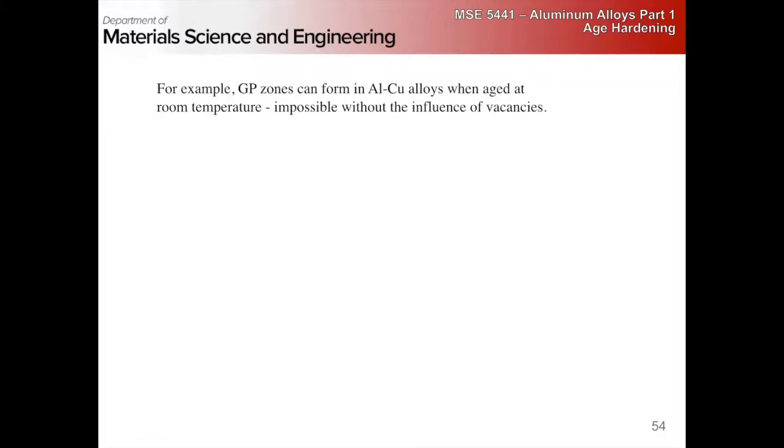So in aluminum copper alloys, GP zones can form when we age them at room temperature. This would be completely impossible without a very large vacancy concentration. We would need to age at elevated temperatures to get significant diffusion, which puts us close to or above the GP zone solvus temperature.